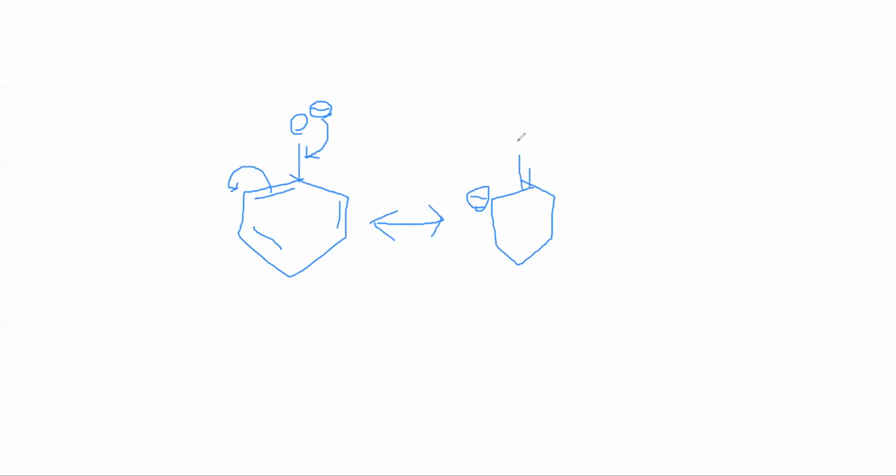Resonance forms stabilize the negative charge, so the base is weaker, the acid was stronger, so phenols are relatively acidic. That's all I'm going to say about them. That's all I think you would have to know that you didn't really think about most of the time already.